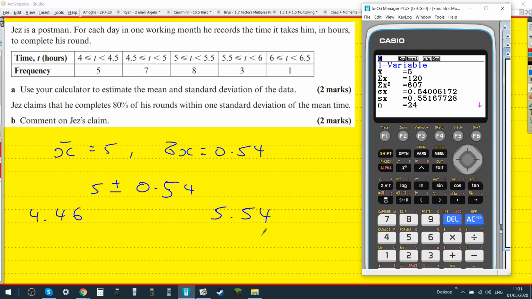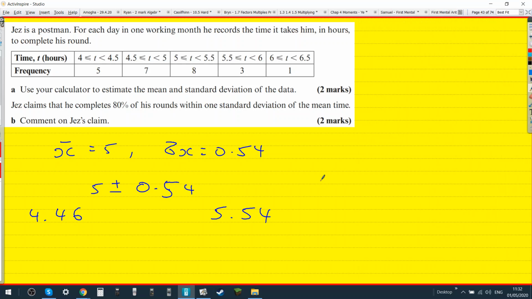So what frequencies would it be? 5, 7, and 8. So 4.46 is nearly not in that one. Okay, so what would you get for that?